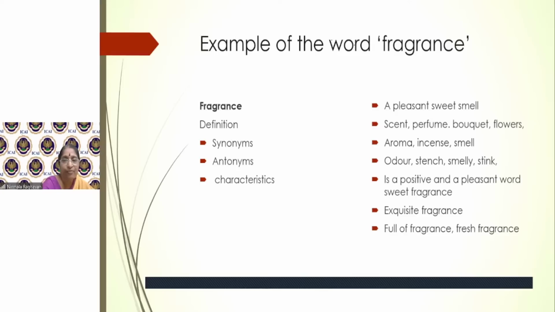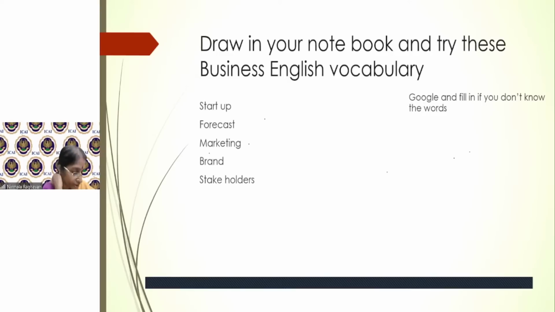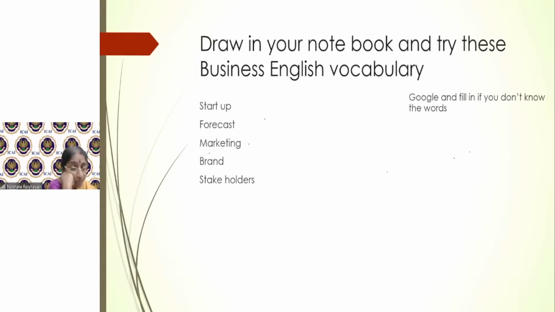What I have done for fragrance: definition, synonyms, antonyms, characteristic, and word association. You can put this in the Frayer model or write it like this, whichever way. Use one of these because this is English vocabulary. Quick. I'll give you 5 minutes for that. Come on fast. Frayer is a name. Frayer suggested this sample and therefore it's called Frayer model. Just that.